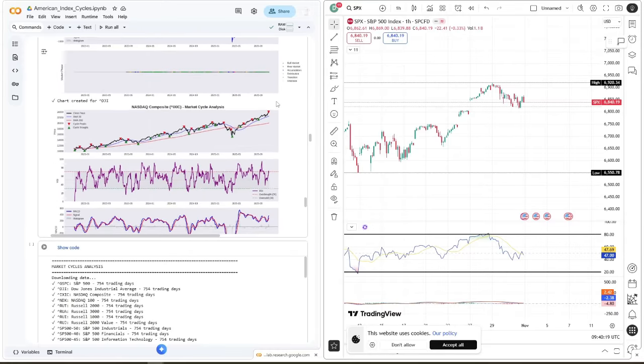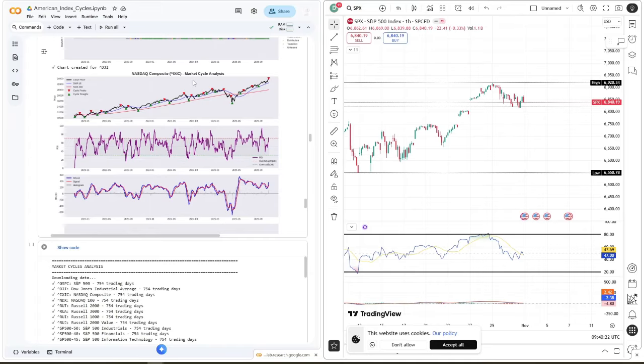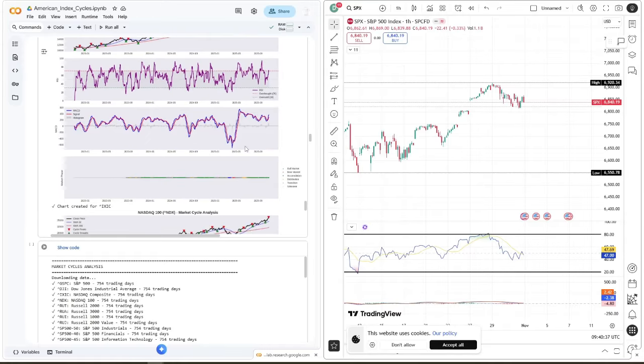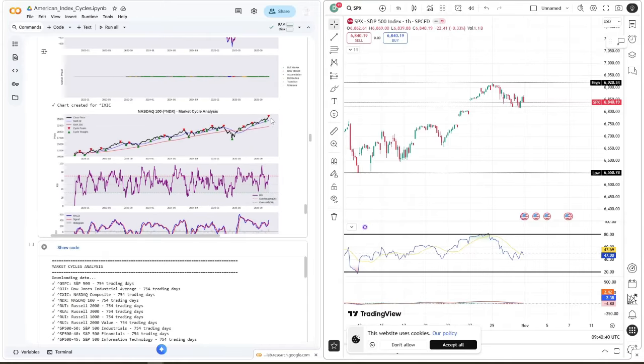Now let's take the NASDAQ Composite. We have a big red signal here for a short-term sell signal because the market is overextended. And the same for the NASDAQ 100.